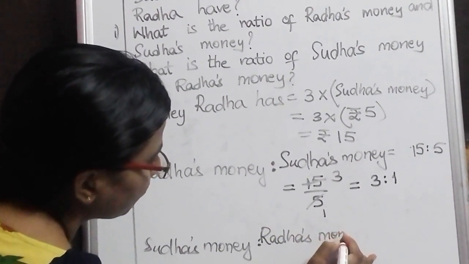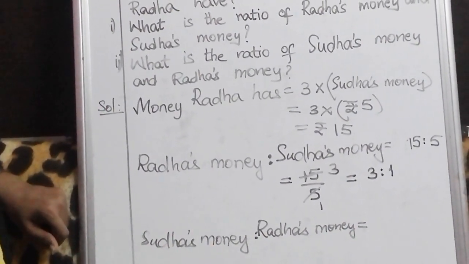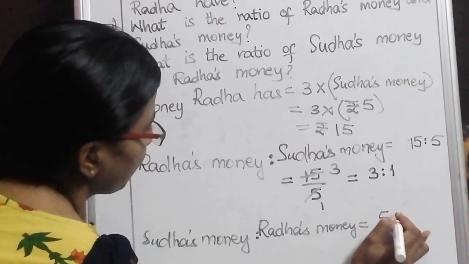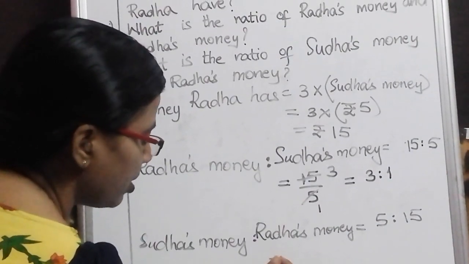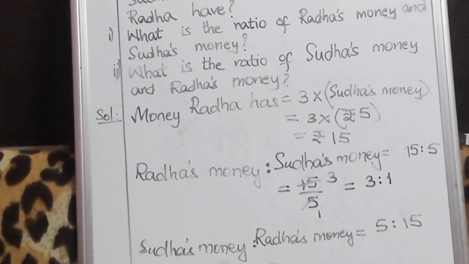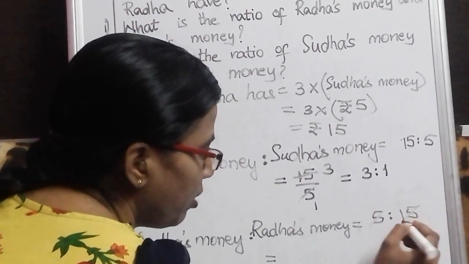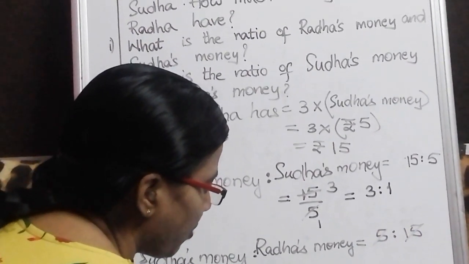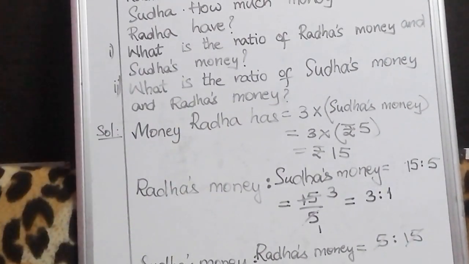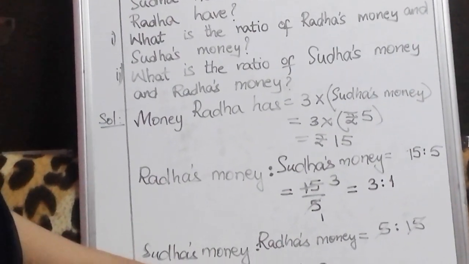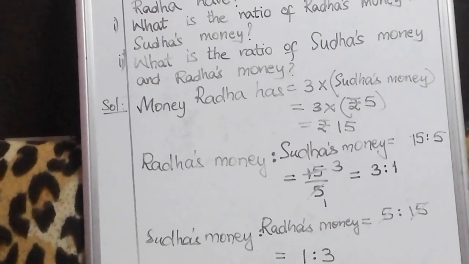So this is equal to Sudha's money, 5 rupees, is to Radha's money, 15 rupees. Now I am not going to write in division form. I am going to cancel here itself. 5 table both the sides. 5 ones are 5 and 5 threes are 15. So the ratio is 1:3. Did you understand, children? Copy this in your class workbook.